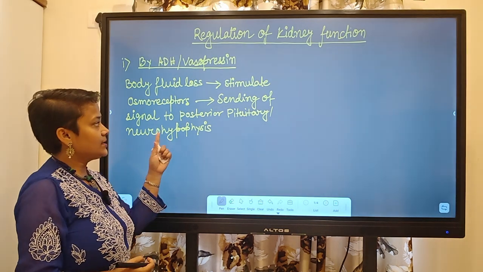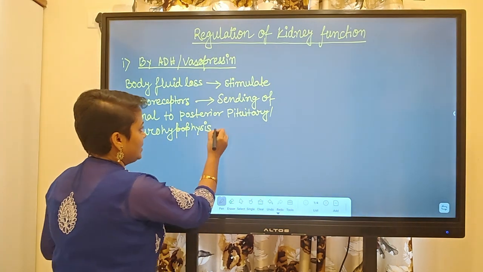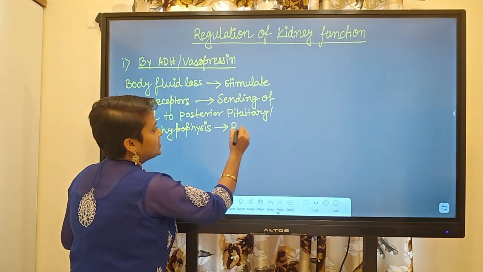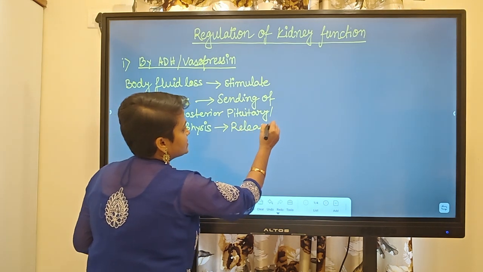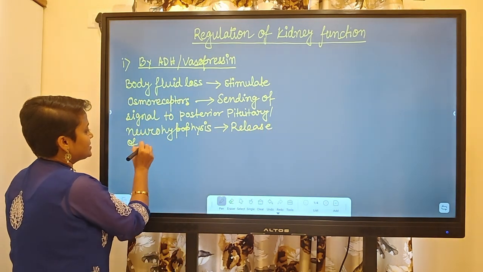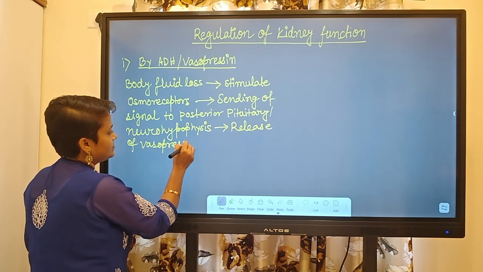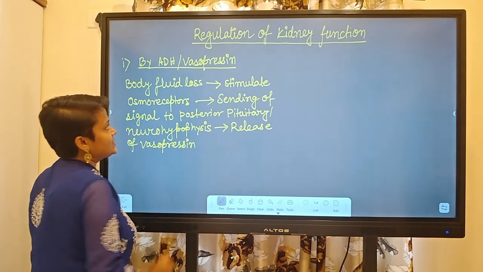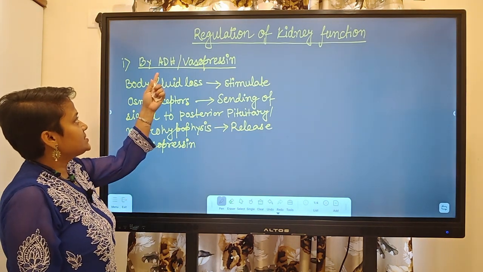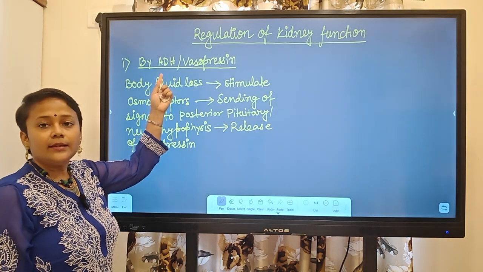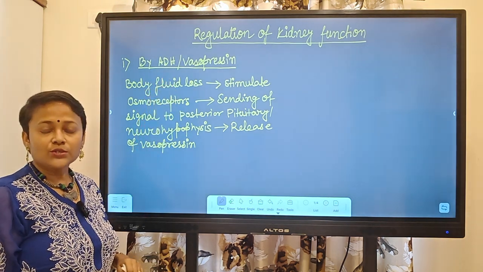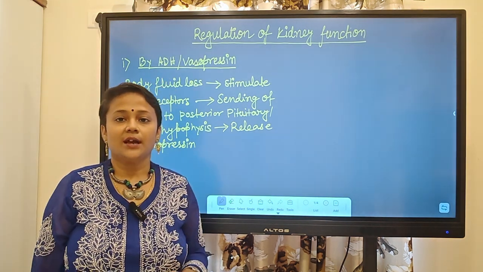So sending signal to the posterior pituitary will lead to the release of vasopressin. And vasopressin, as the name suggests, is called anti-diuretic hormone. So what is diuresis?